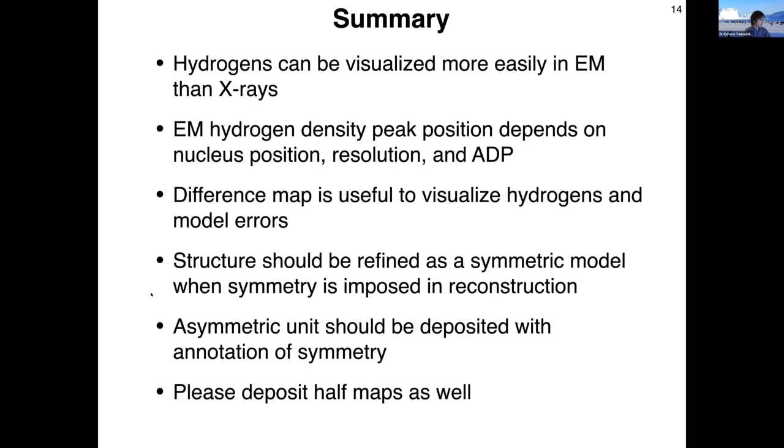And if the map is symmetrized, the structure should be refined as a symmetric model, and only the asymmetric unit model should be deposited with careful annotation of symmetry. And as I have shown, half maps are very useful to estimate errors in the observation, so please deposit half maps as well.